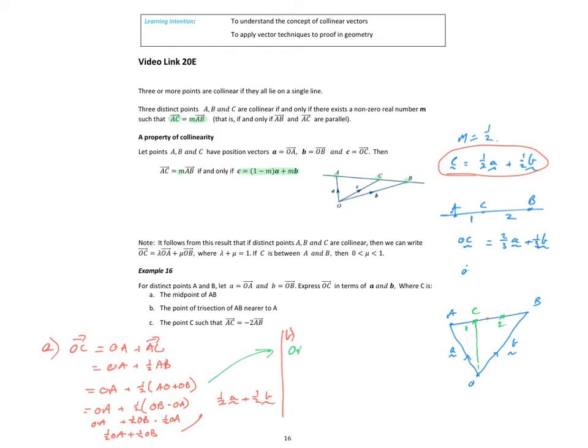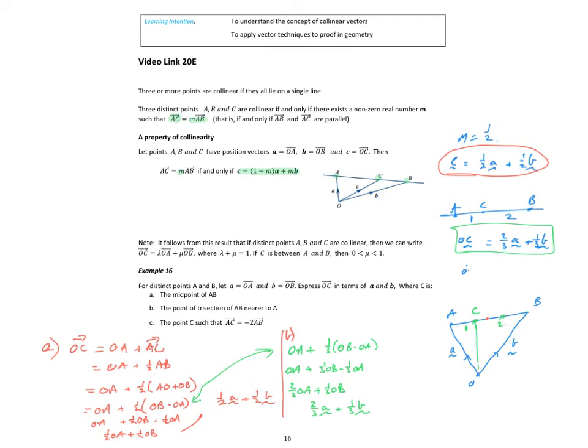Let's pick it up at OA plus 1/3 of AB, which is 1/3 of OB minus OA. So we're picking it up at this line here. So then we're going to get OA plus 1/3 OB minus 1/3 OA, which is 2/3 OA plus 1/3 OB, which is 2/3 A plus 1/3 B, which again, over on the right hand side there, is what we thought it would be.